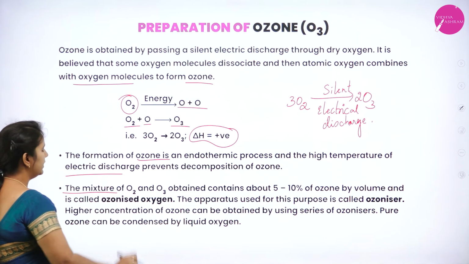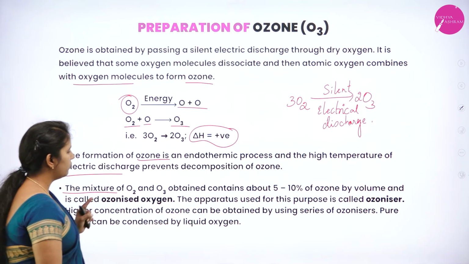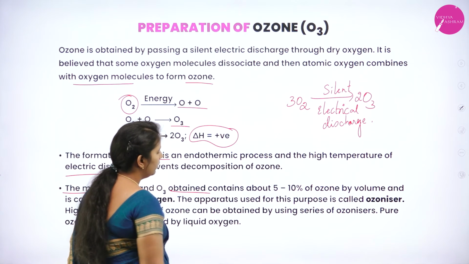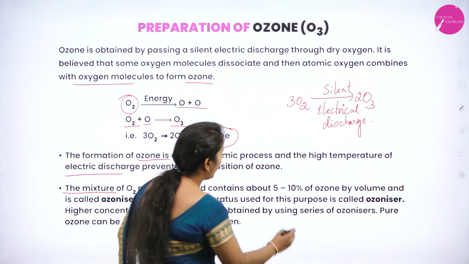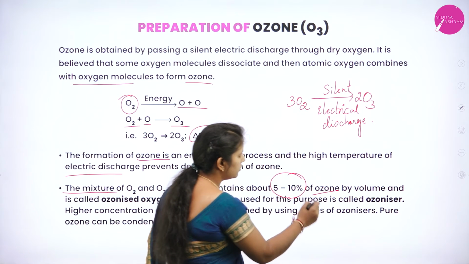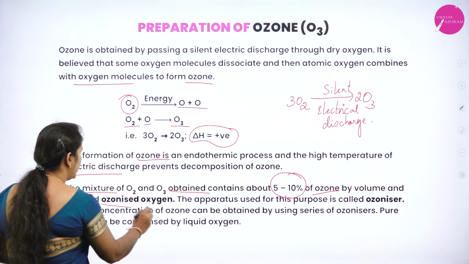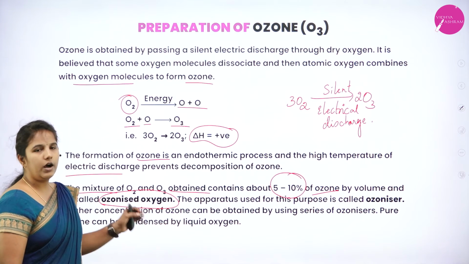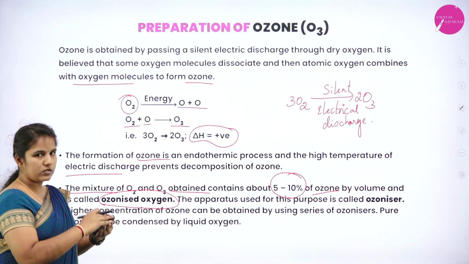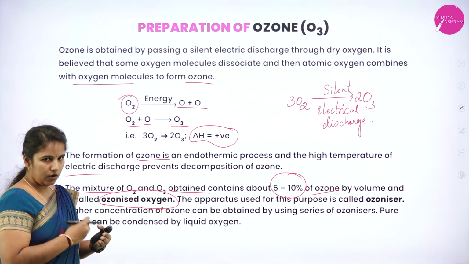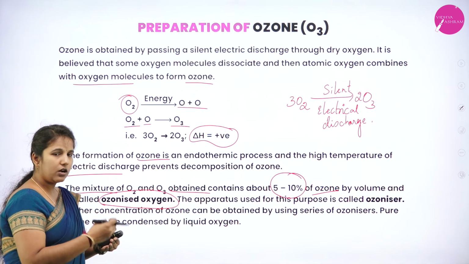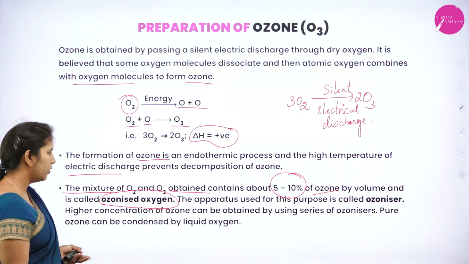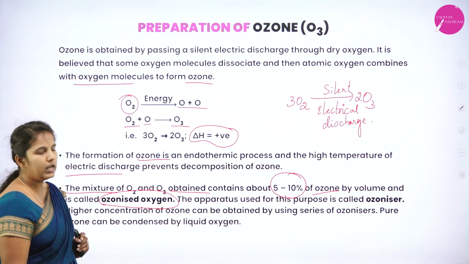The mixture of oxygen and O3 which is obtained contains around 5 to 10% of ozone by volume, and it is called ozonised oxygen. What is ozonised oxygen? It is a mixture of oxygen with ozone, and it contains only around 5 to 10% of ozone, hence it is known as ozonised oxygen.